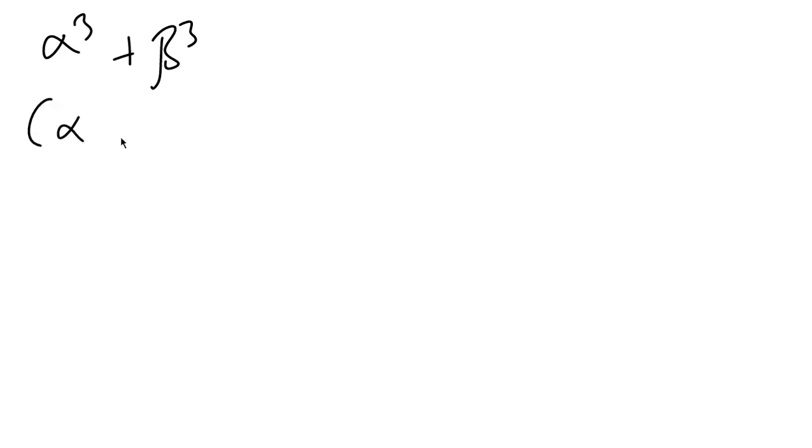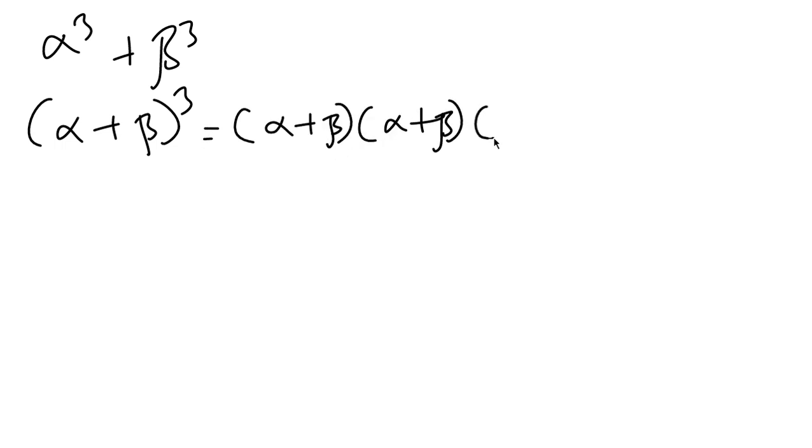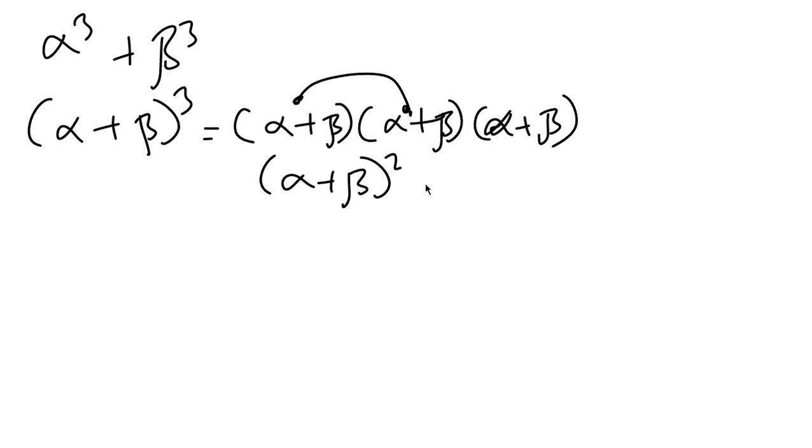All you need to do is to cube alpha plus beta. I know that alpha plus beta all cubed is the same thing as alpha plus beta into alpha plus beta into alpha plus beta. And then you know that alpha plus beta times alpha plus beta is alpha plus beta all squared, into alpha plus beta, and this is equal to alpha plus beta all cubed, right?